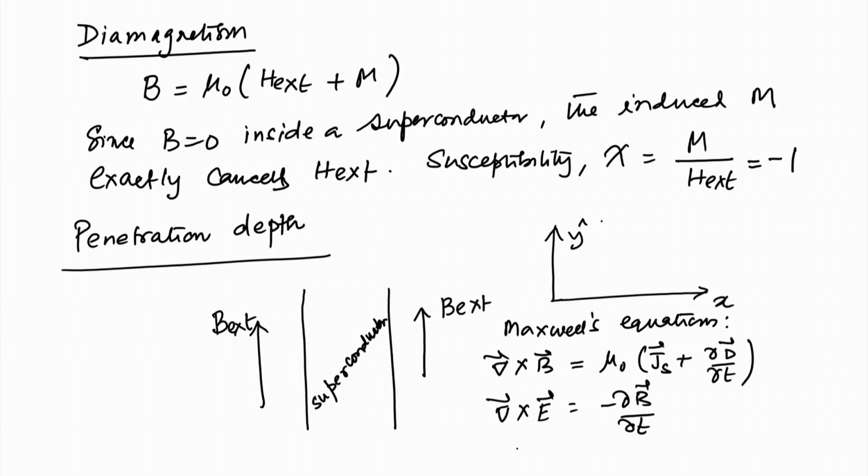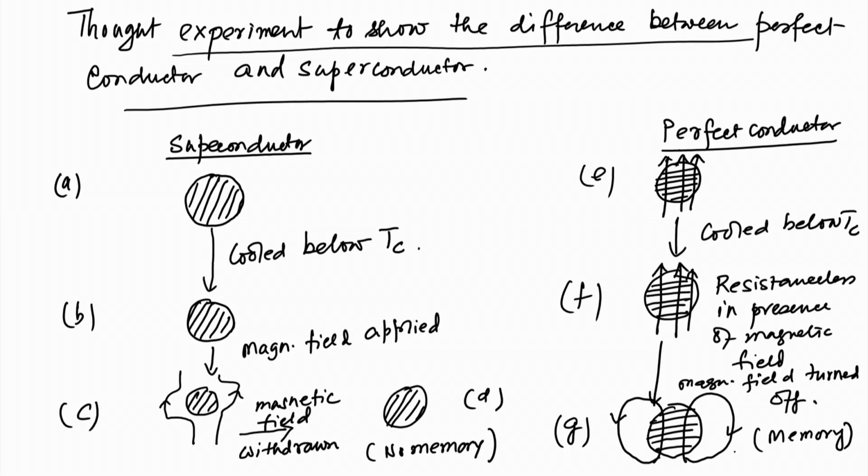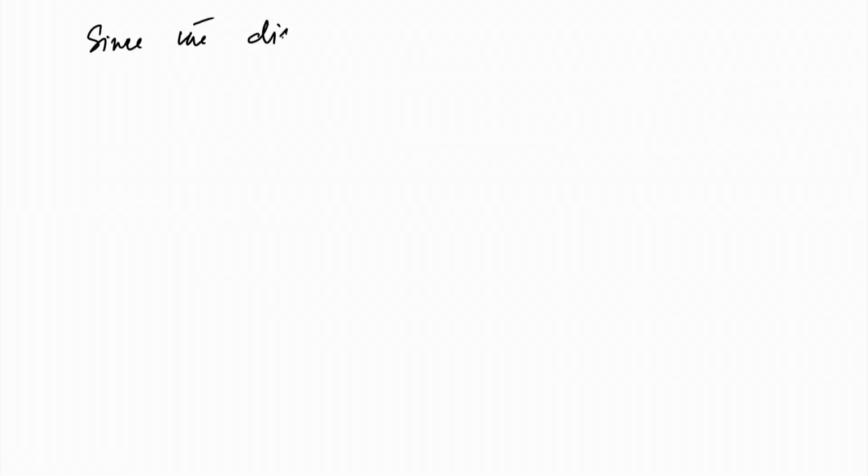So, let me go through it again. Curl of B is the curl of the magnetic field. mu 0 is the permeability, J s is the supercurrent density, and del D del t is the variation of the displacement current density, and E and B are the electric and the magnetic fields respectively.